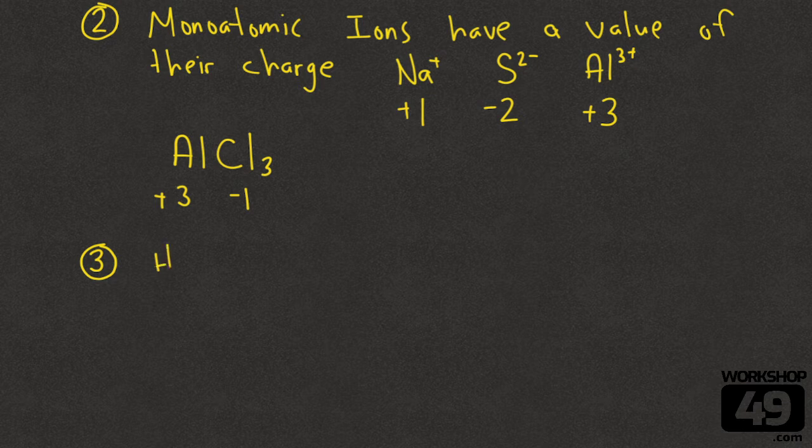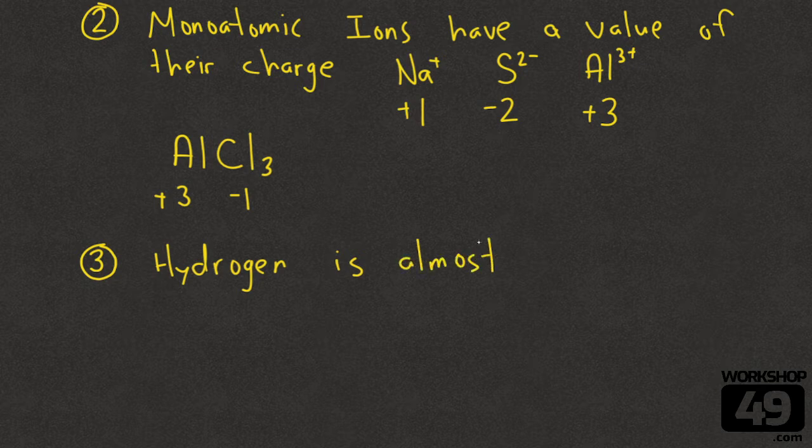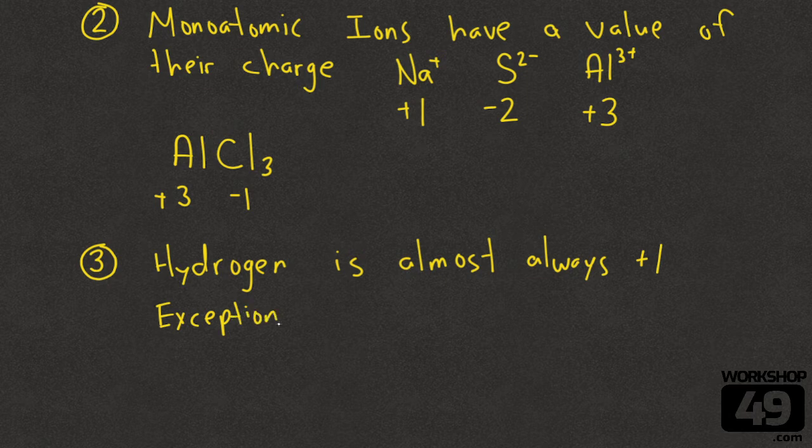Number 3. Hydrogen is almost always +1. Anytime I begin oxidation numbers, I always say gut hydrogen. It's the first thing I check. There are some specific examples where it's not +1. An exception would be a hydride, an ionic compound like lithium hydride or sodium hydride.